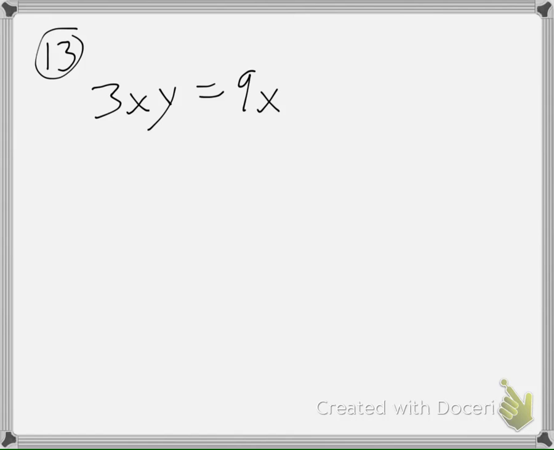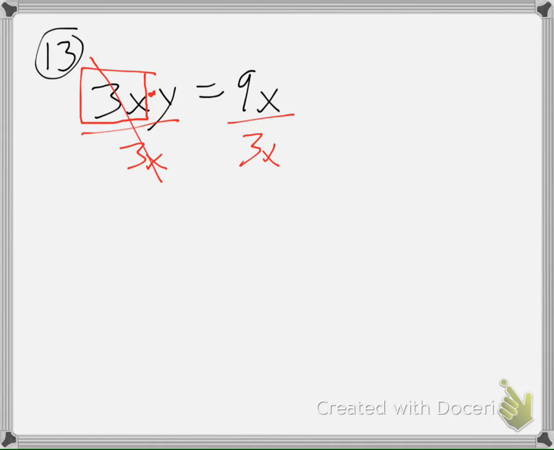Okay, guys, so for here, if I want to solve for y, what am I doing to y here? Currently I am multiplying it by not just x, but 3x. So I'm going to divide by 3x on both sides.